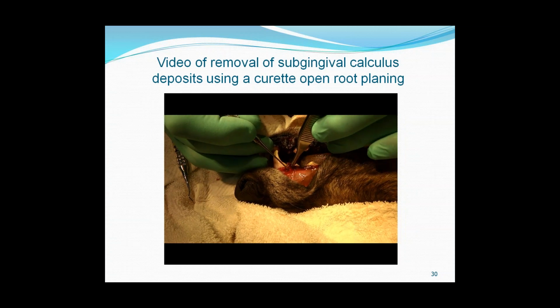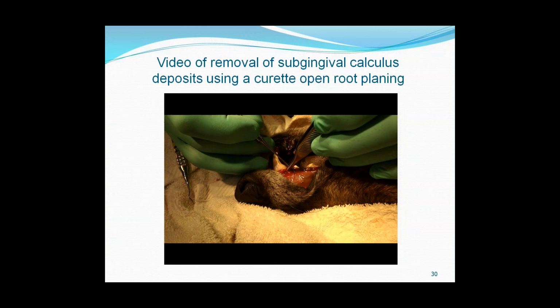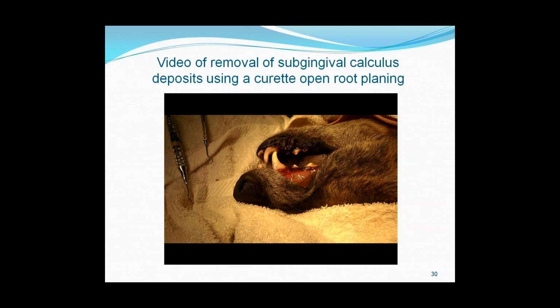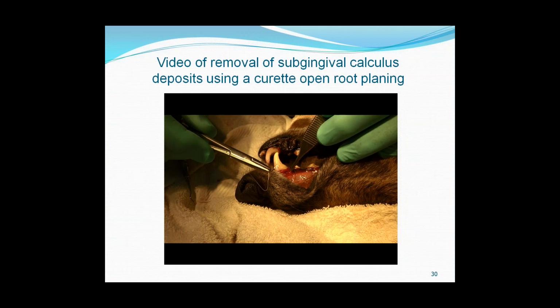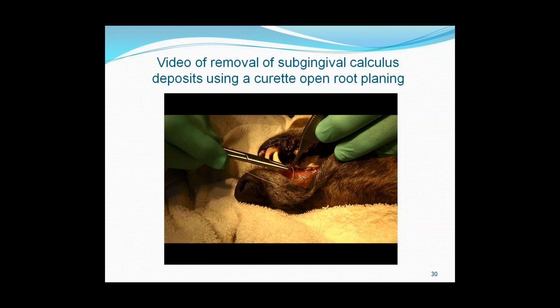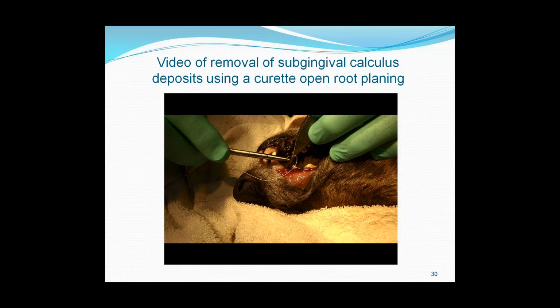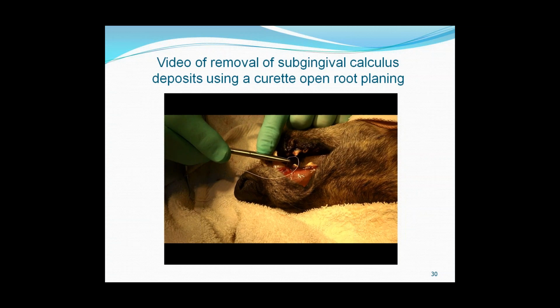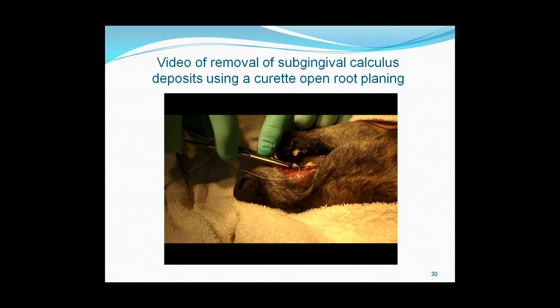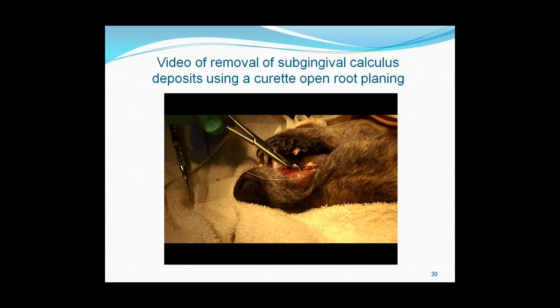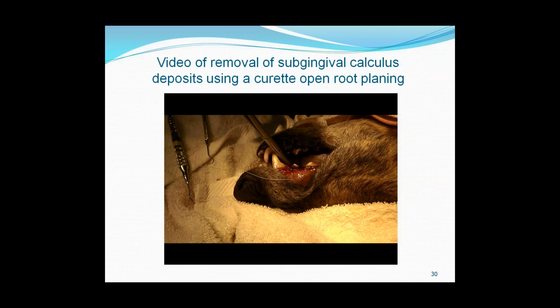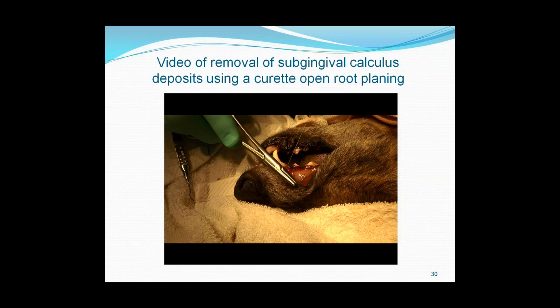You then will get, because of the cleanliness of the area, and assuming the owner does home care, which we'll talk about in another webinar, will also get reattachment of the epithelial surface back onto the cementum of the tooth as well. And then once the bone graft has been placed, we'll then suture through the flap and through the soft tissue on the hard palate as well.